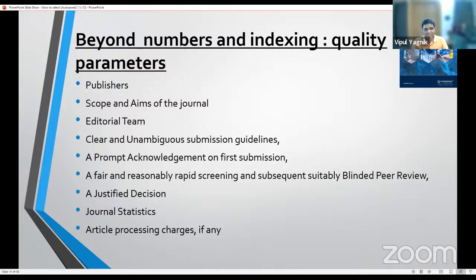When you submit the article, whether you are receiving prompt acknowledgement of the submission or not, what is their editorial review process, whether they are able to provide justification for their decision, whether journal statistics has been mentioned on the website, or if there is any article processing charge, whether they have mentioned it clearly or not. So these are some things you can see on the website and decide whether this journal qualifies for quality or not.